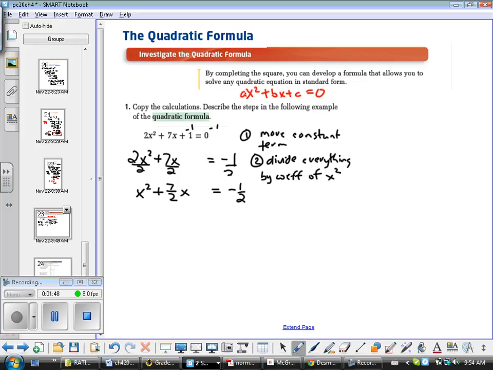My third step, I would take 1/2 times the coefficient of the x term and square it to get the third term.